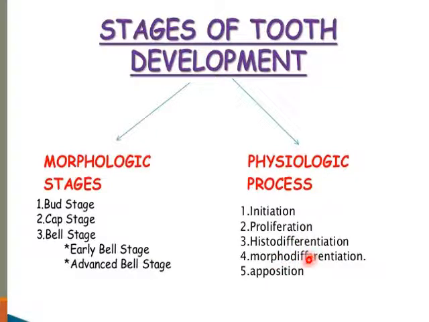Morphodifferentiation means the morphology of the tooth. We have anterior teeth with one cusp and posterior teeth with 2 or 3 cusps, and so on. The fifth stage of the physiological process is apposition, the formation of hard tissue like dentine, enamel, cementum, and bone.